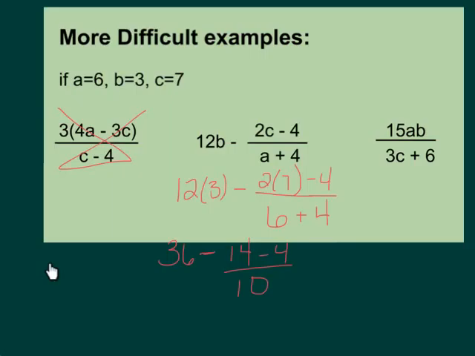So we need to simplify this fraction even further. We need to say that this is really 36 minus 14 minus 4 is 10 over 10. 10 over 10 is just equal to 1. So the value of this is just 36 minus 1, which is 35.